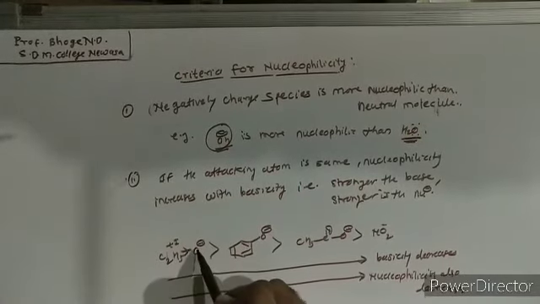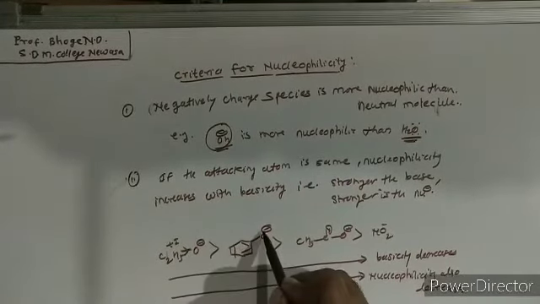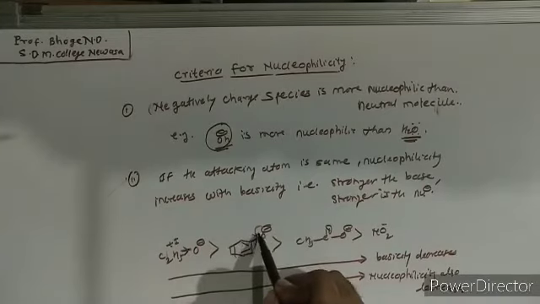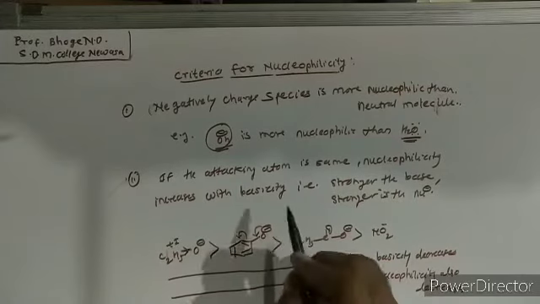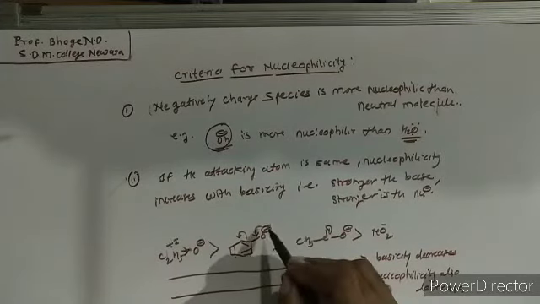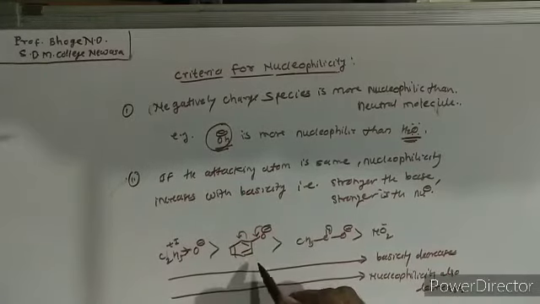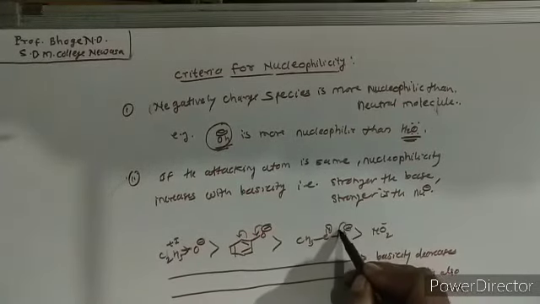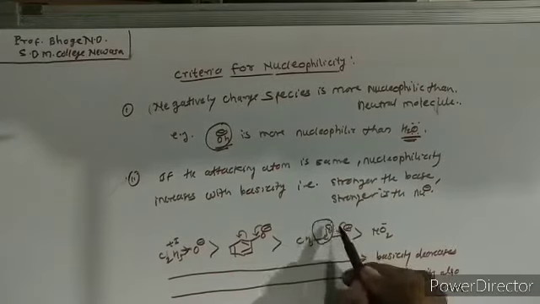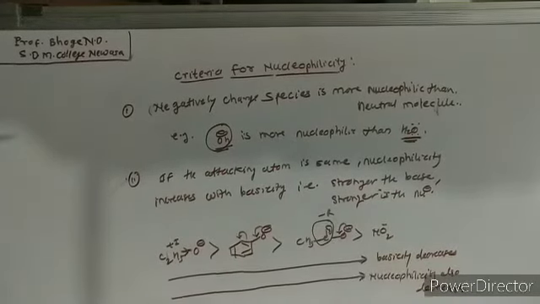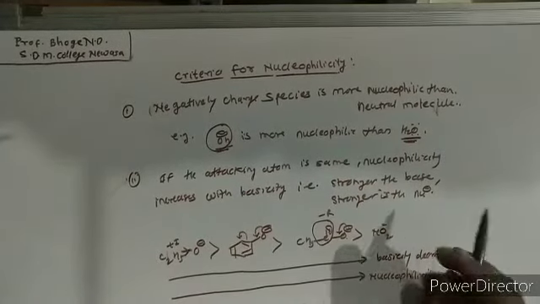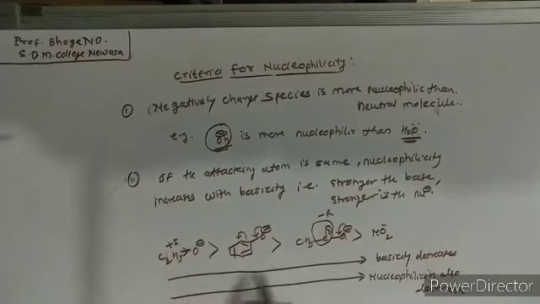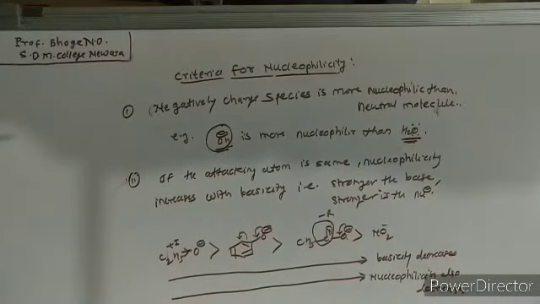In phenoxide, there is partial stabilization of the negative charge in the ring, so its tendency of donating an electron pair decreases. In acetate, there is a minus R effect and minus I effect of the carbonyl group, which decreases nucleophilicity. So basicity decreases in this direction and nucleophilicity also in the same manner.